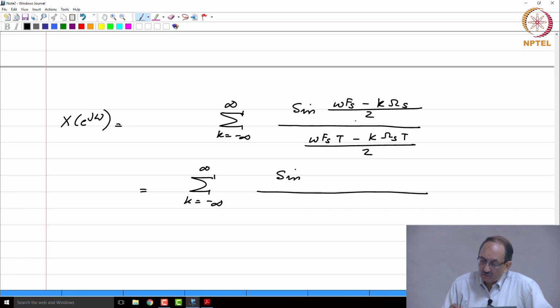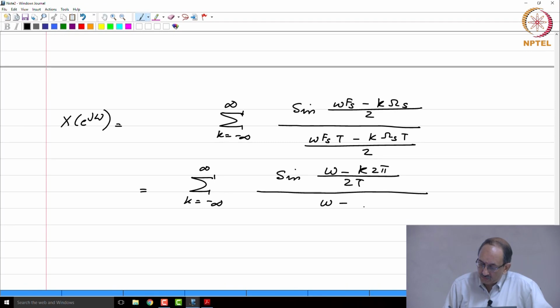Fs after all is 1 over T, therefore, multiplying numerator and denominator by T, Ωs times T is 2π, and Fs times T is 1.